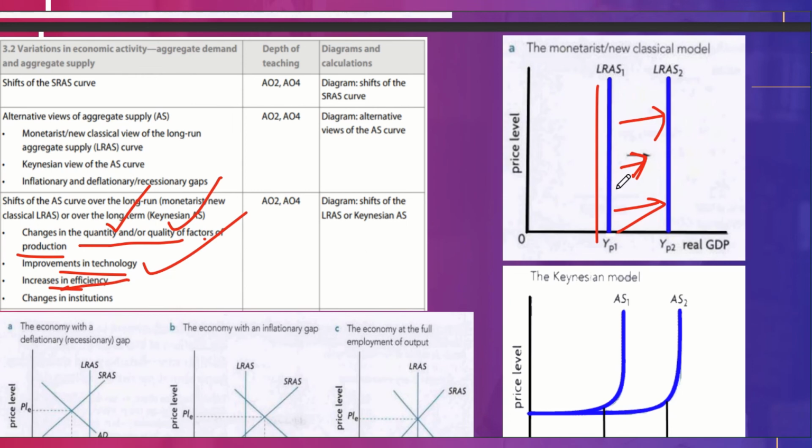So that will also increase the long run aggregate supply curve. And changes in the political institutions. Some political parties are less interested in spending massively, they may be more interested towards capitalism and less interested towards communalism. But changes in the political institution also influence the long run aggregate supply curve.